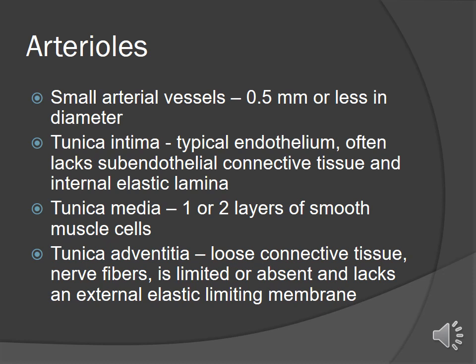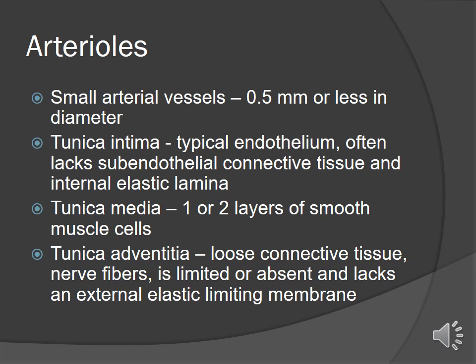Tunica intima consists of endothelium and thin subendothelial connective tissue with collagen fibers type 3 and a few elastic fibers. Both internal elastic membrane and subendothelial layer are often absent. A thin fenestrated internal elastic lamina may be present in larger arterioles.